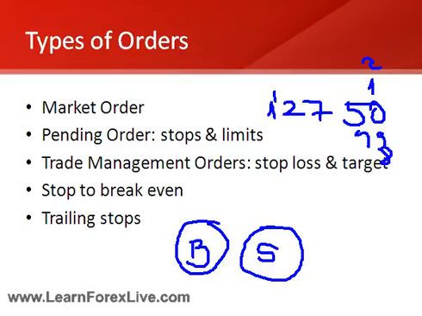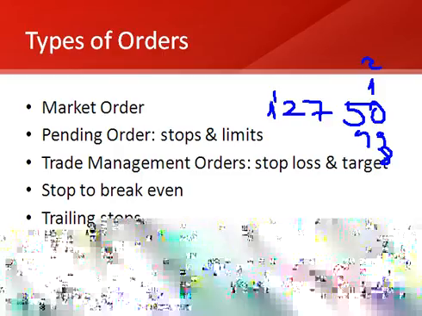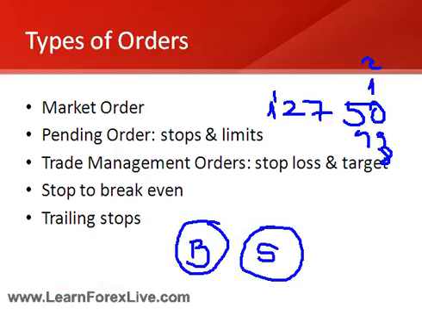Usually, in a very liquid market such as Forex, you always find an available price at the precise time you click on the button. So in liquid markets, such as Forex, a market order is usually an order to buy or to sell at the ongoing market price right now. Okay?